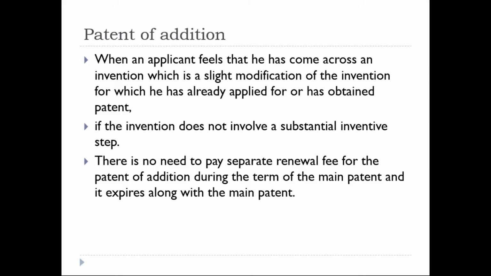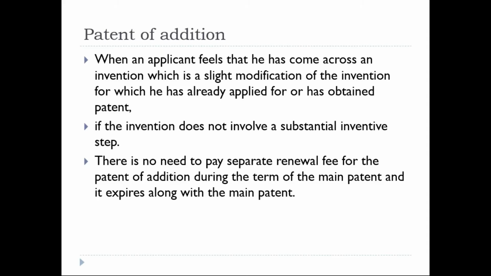If it is a very small or minor modification, I would request you to go for patent of addition. If it is bigger, a complete change, if you are adding an inventive step, please go for a separate, different application. Don't continue with the existing one, right? Please understand the term very clearly. Only for slight minor modification do we go for patent of addition.